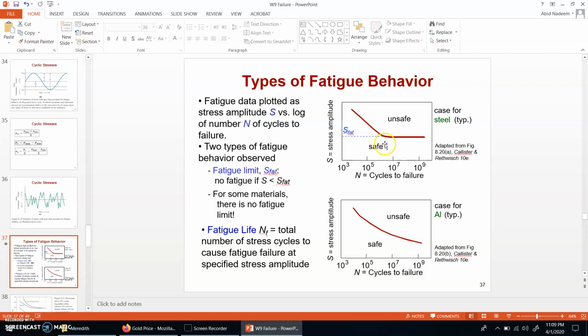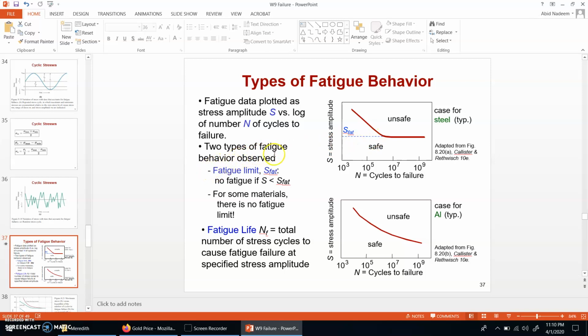But below a certain value of the stress, we will see no such failure. In this case, this kind of material will exhibit a value which will be called the fatigue limit.